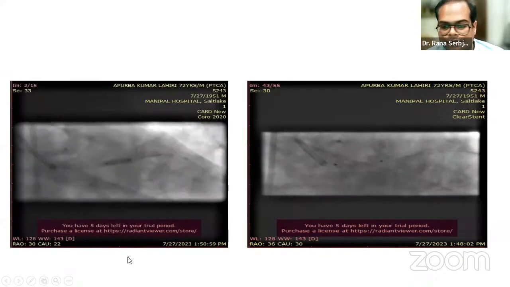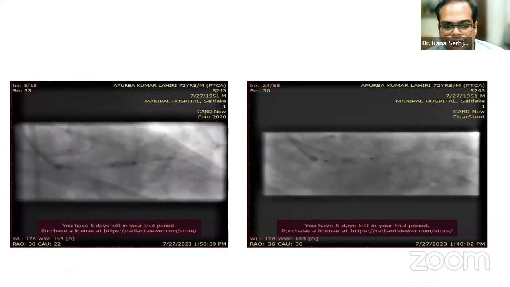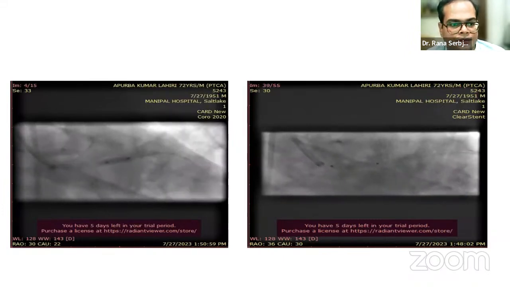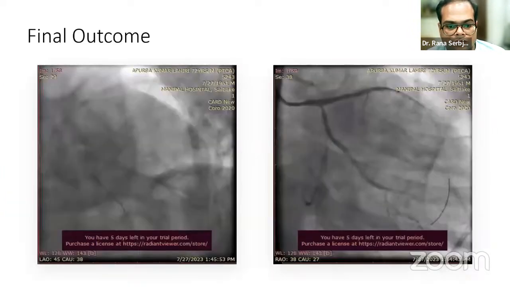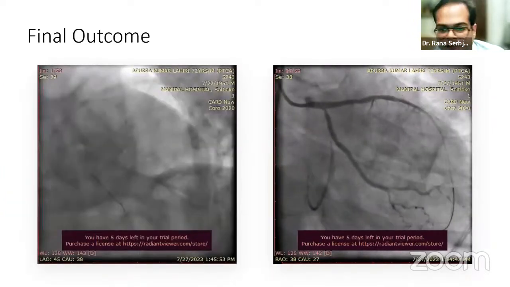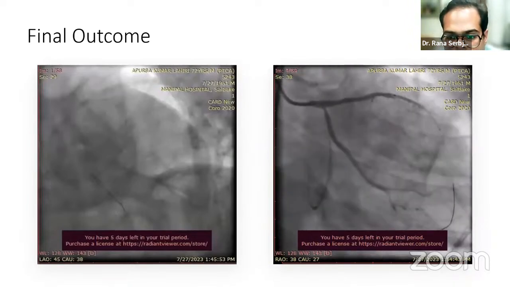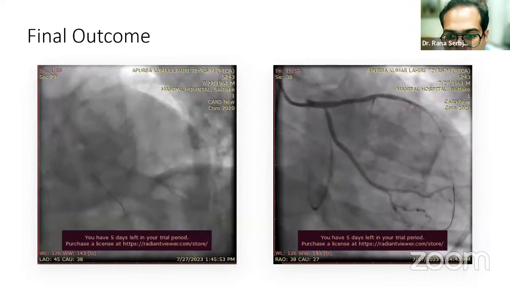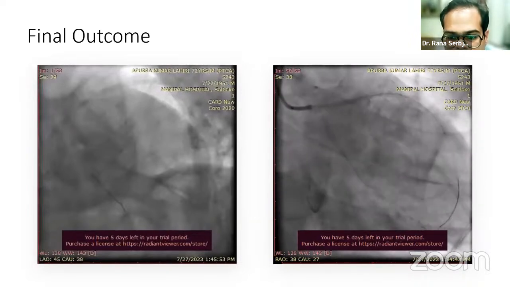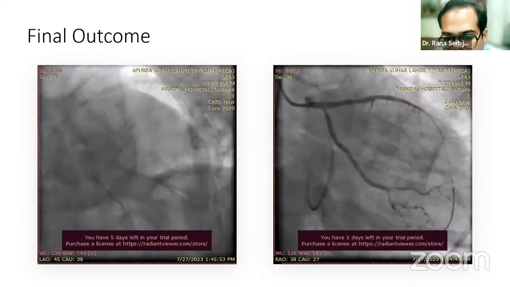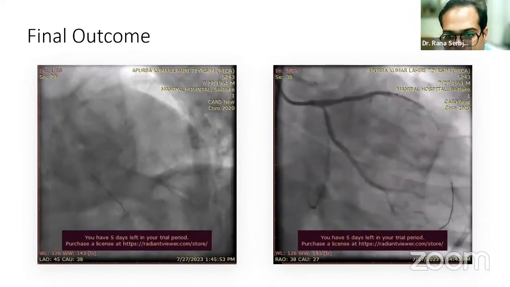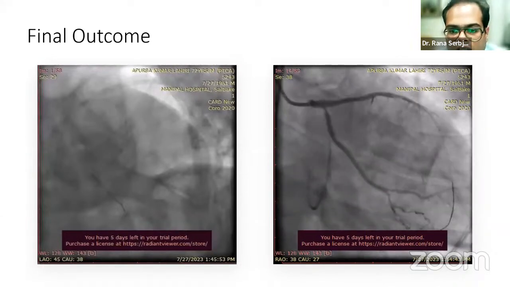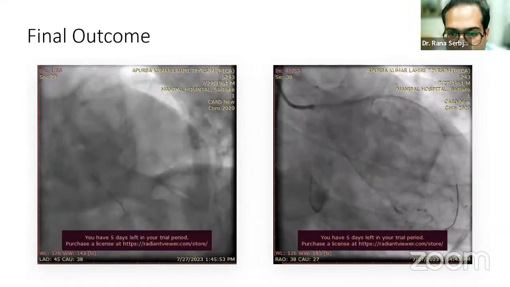Here we can see the end result. There was a pinching of the main LCX that is going off the OM, but as there was TIMI 3 flow, our initial plan was to do a DEB in this, if we could have done, but then the BP was on the lower side, the patient was a bit tachypneic, so we had the BiPAP support on.